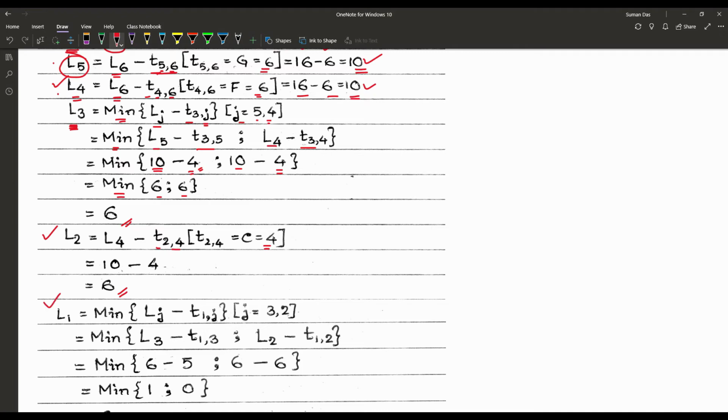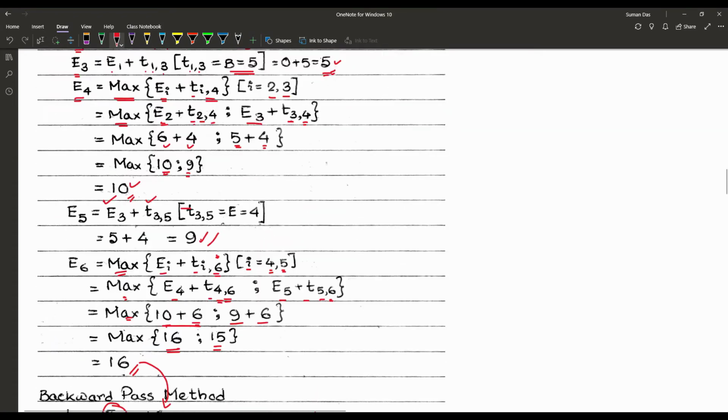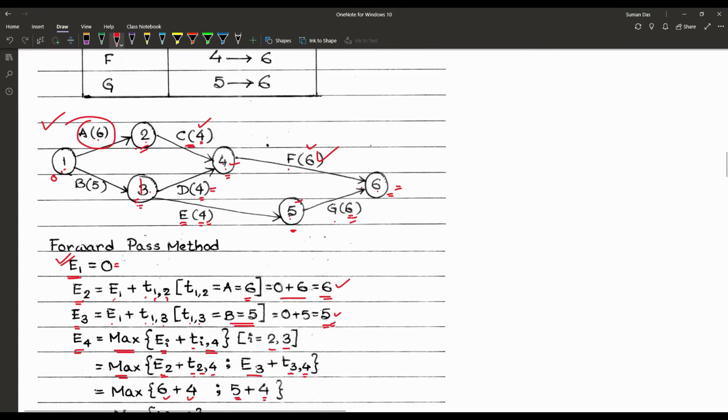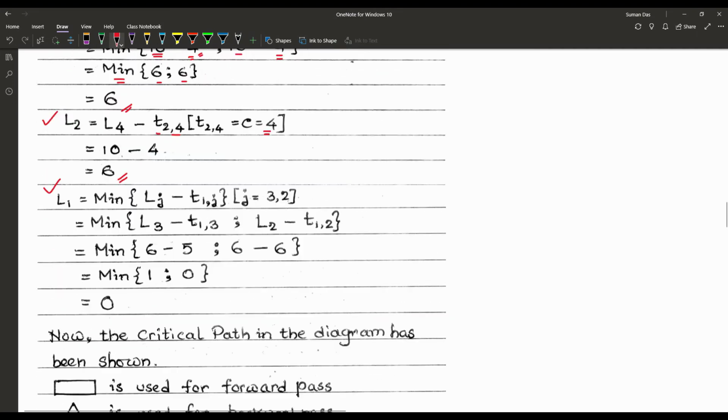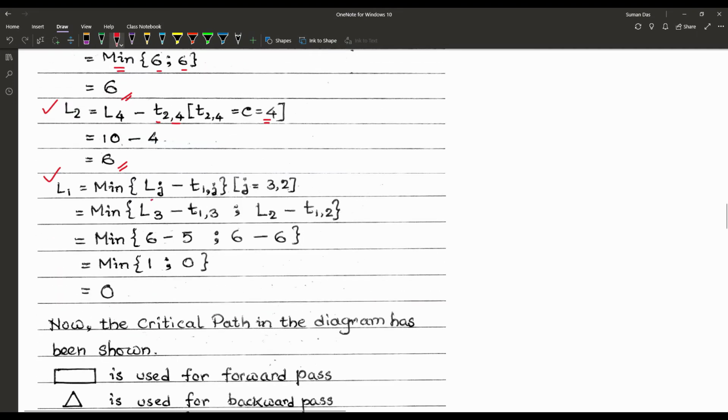And finally L1, the first node, that may be from 2 and 3. Now there are 2 times. From 2 that is 6, from 3 that is 5. So we are using here the minimum of Lj minus T1,j, where j is equal to 3 and 2, two nodes.